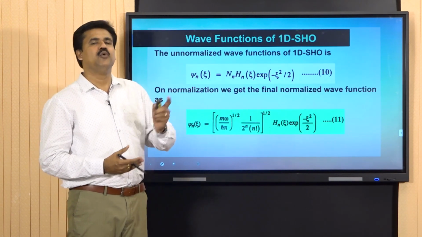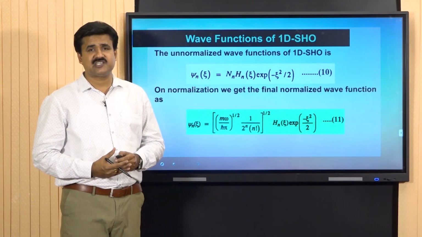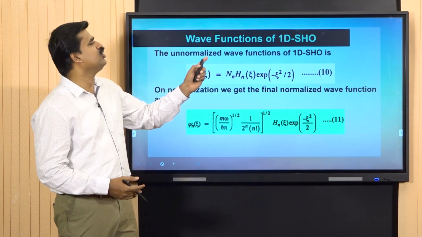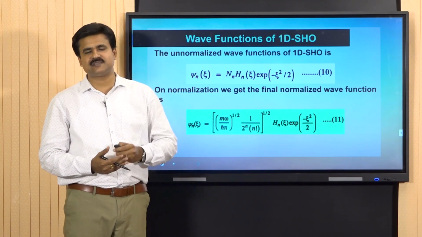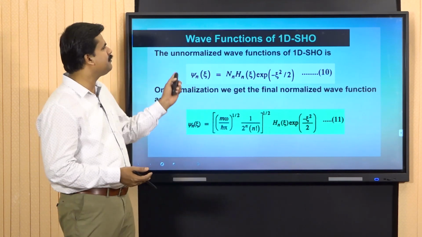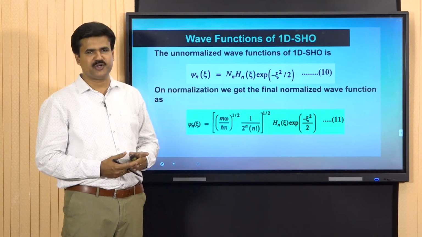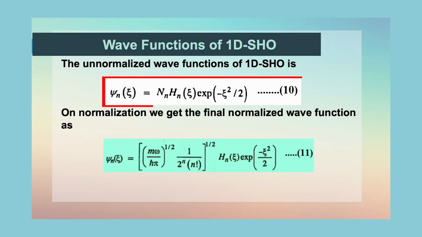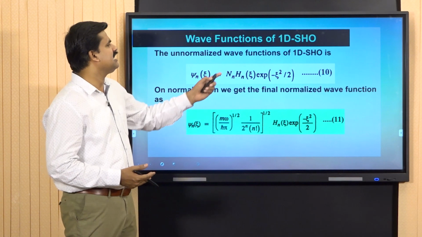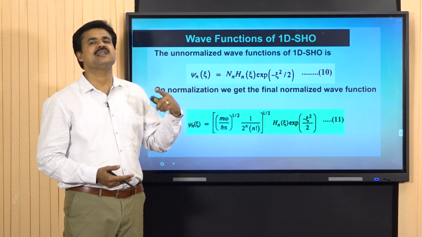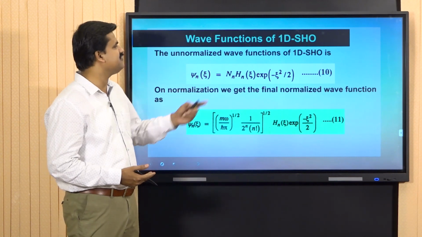Now, moving on to wave functions of the 1D simple harmonic oscillator. The unnormalized wave function can be represented by incorporating the Hermite polynomial like this: ψn(ψ) is equal to Nn Hn(ψ) e^(-ψ²/2).